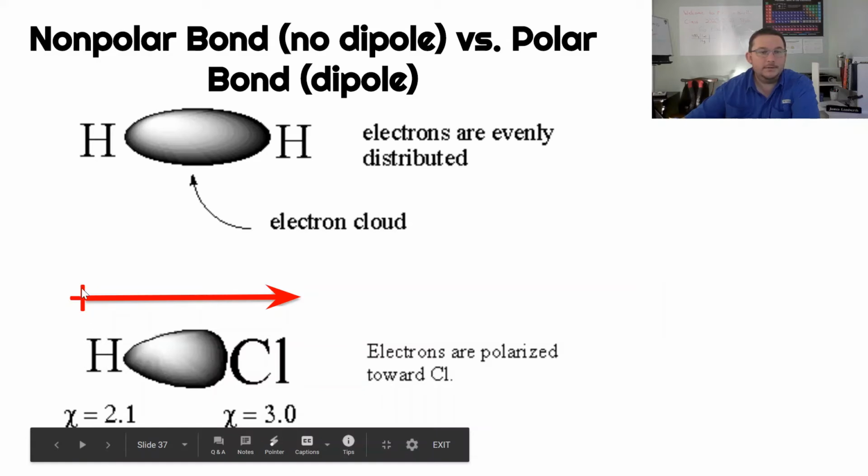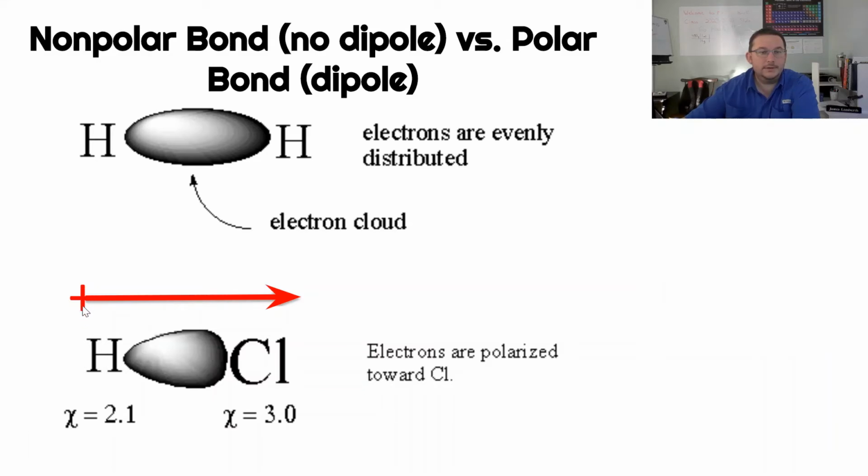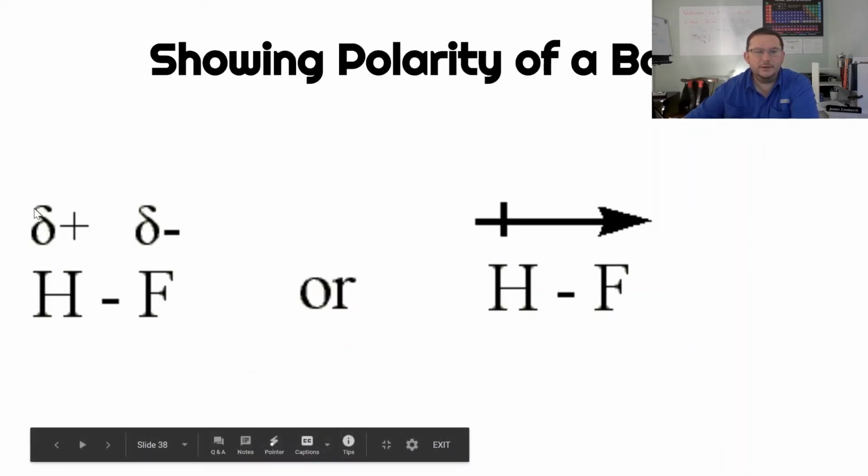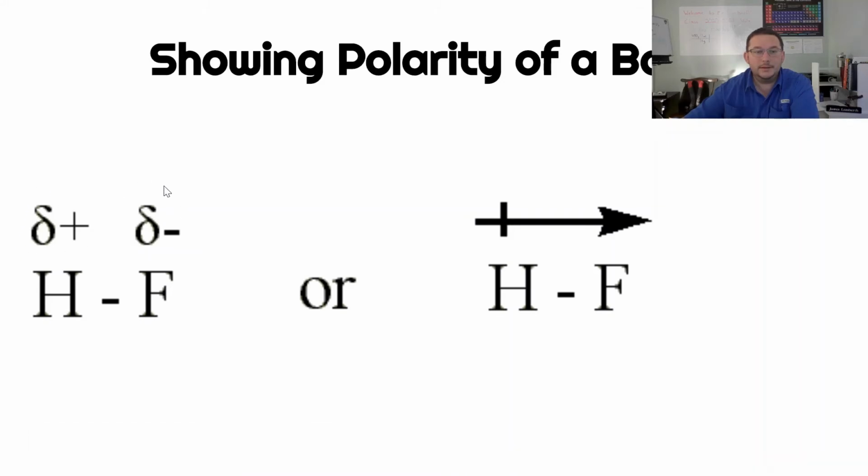And because of this, there's actually another way we could show this as a dipole. We could put a little plus sign here, and we could draw an arrow towards the end that is more electronegative. So here we see that again in the HF molecule, just two different ways to show that you have a polar molecule or bond, using these delta symbols here with the plus or minus, or using this arrow.